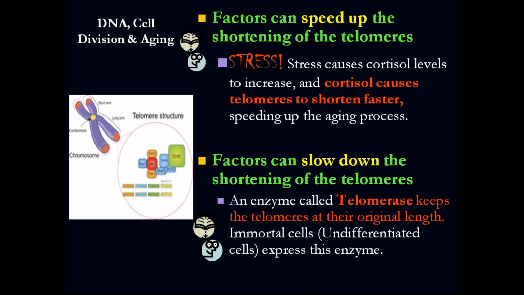One of the things that makes the telomeres get shorter faster is stress. One thing I want you to remember about this part is that cortisol is the stress hormone. Cortisol is the stress hormone.